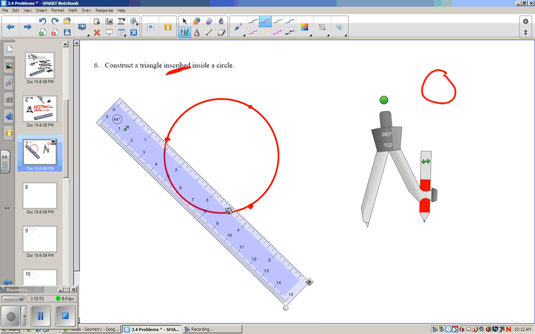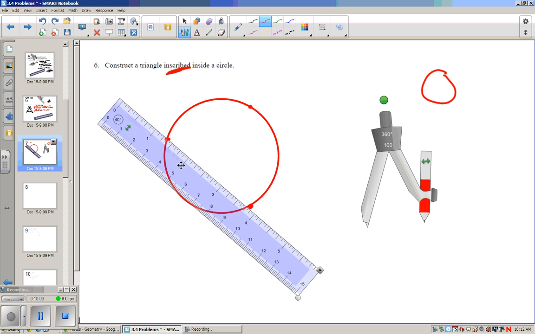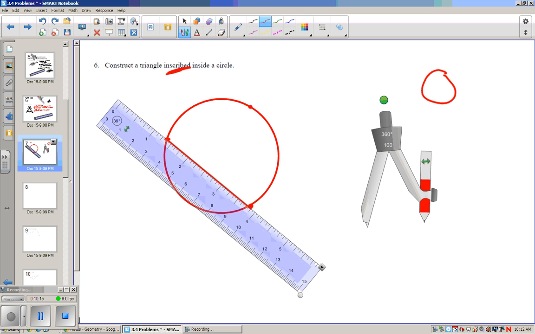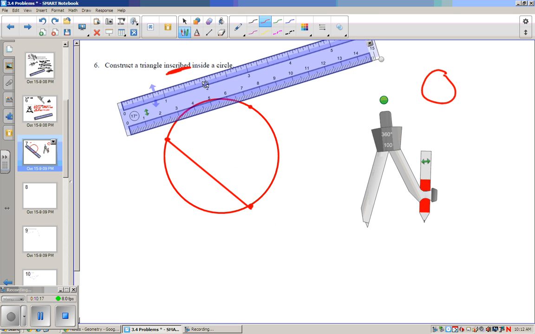All right, so if I can get this to cooperate with me a little more. So I'm going to construct my first segment right there. Go to construct my other one.